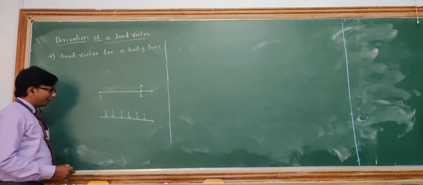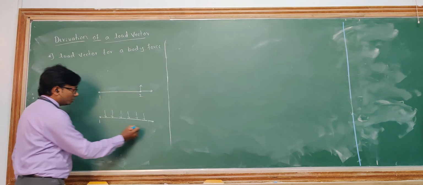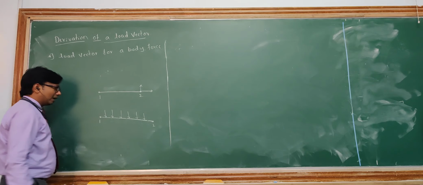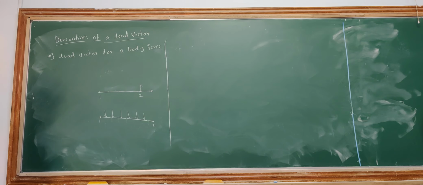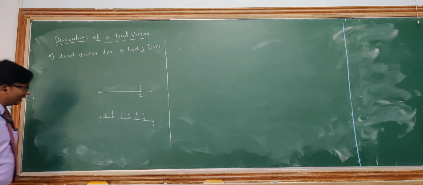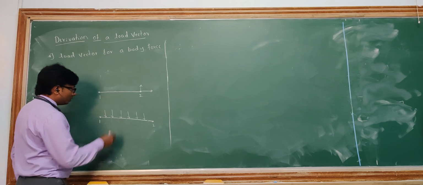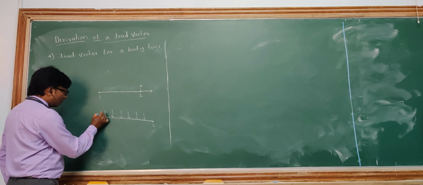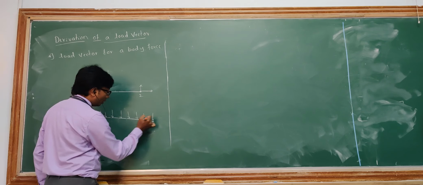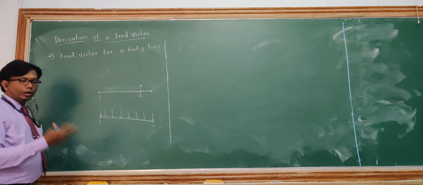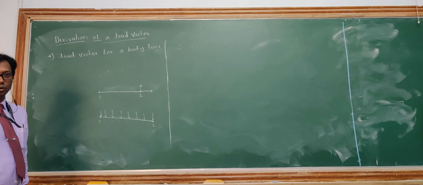This is the first node, this is the second node. The load is directly applied on the element, as in the theoretical problem definition. For that case, we need to convert these loads to equivalent loads given on these particular nodes. We have to convert this realistic load to an equivalent nodal force, so that we can solve the FEM problem.